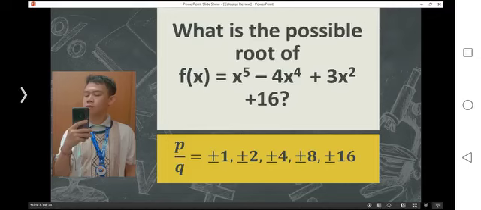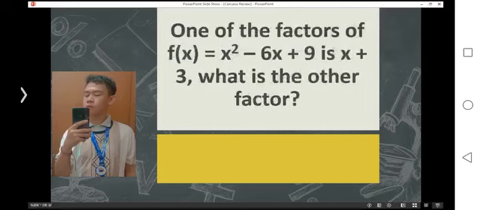Next, one of the factors of f of x is equal to x squared minus 6x plus 9 is x plus 3. What is the other factor? Here we can simply know the other factor by dividing your function x squared minus 6x plus 9 by your linear function, which is x plus 3.